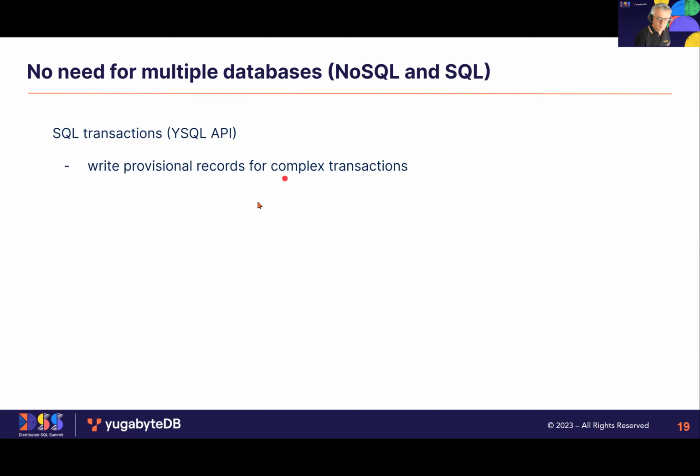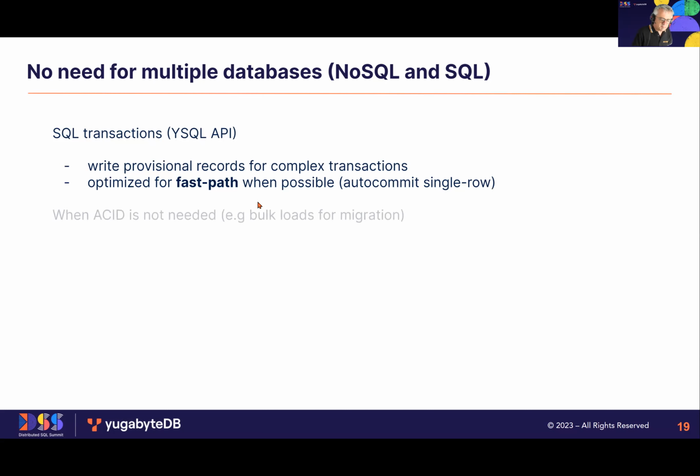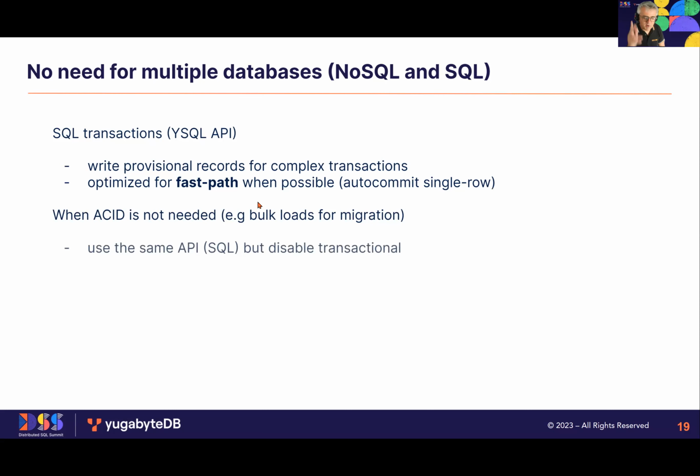Here, we write to provisional records, but there is a possibility to have a fast path when it is possible. So when the database knows that it is possible without breaking ACID properties, it will do it. That was the case with my table with no secondary index, for example. But you can also choose to break those ACID properties with a parameter, for example, for bulk load if you are migrating.